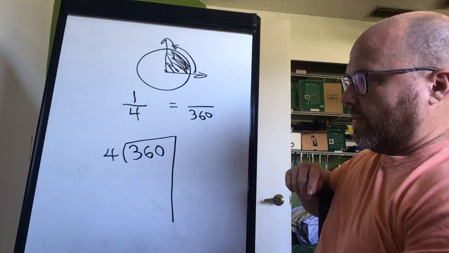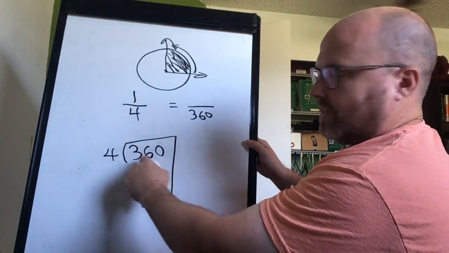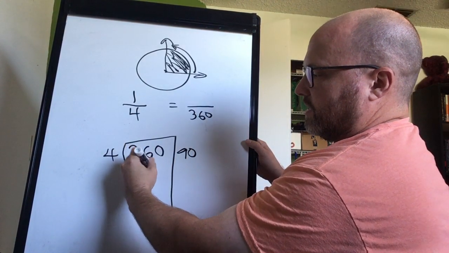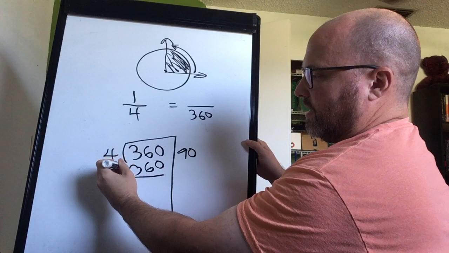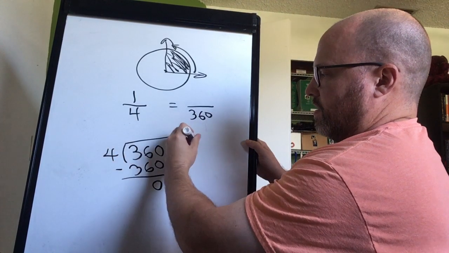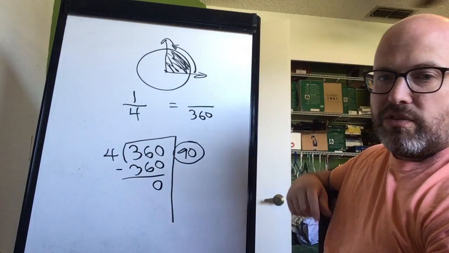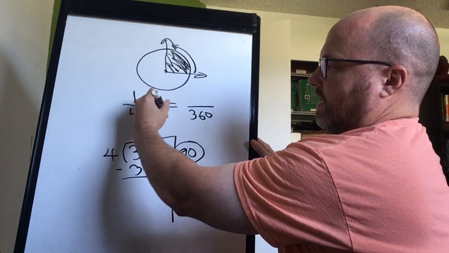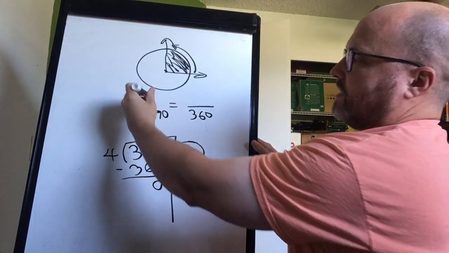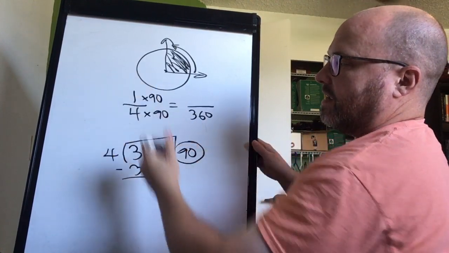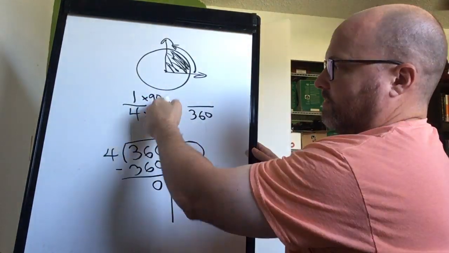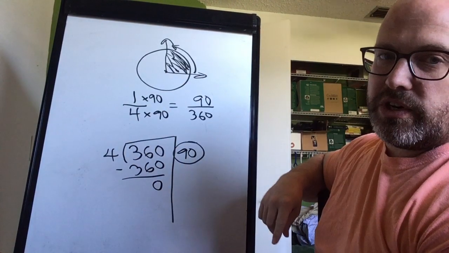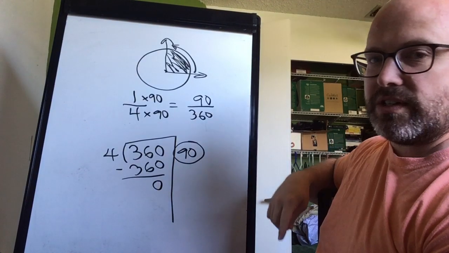Keep going up. 4 times 9 is 36, which means that 4 times 90 must be 360. And if you multiply 4 times 90, you will get 360, which means that I must have multiplied 4 times 90 to get 360, which means that I need to multiply 90 on the top. 1 times 90 is 90. So 1/4 of a turn is the same as 90 360ths.